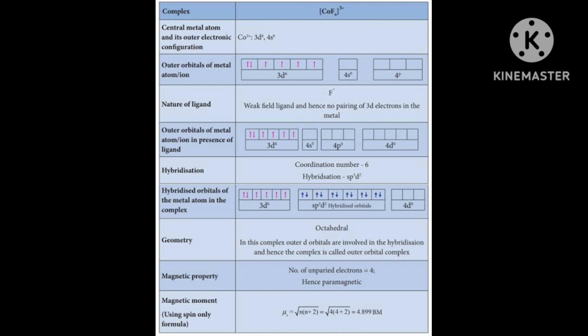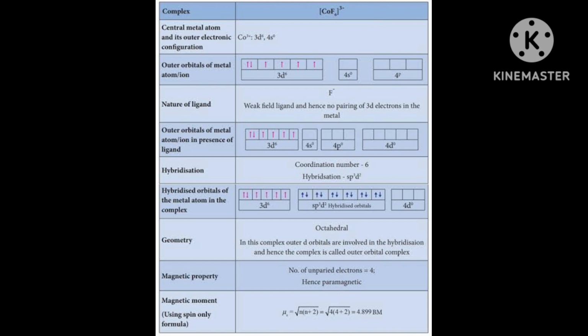In the formation of this complex, since the inner d orbitals, meaning 3d, are used in hybridization, it is called an inner orbital complex, and also called low spin. If inner orbitals are taking part, then it is called low spin.